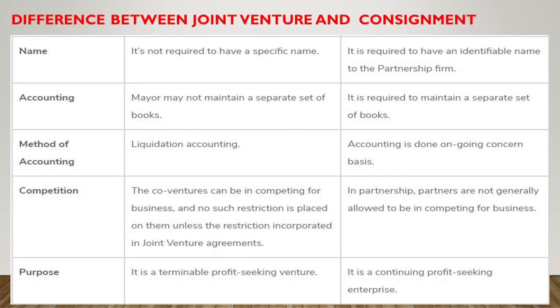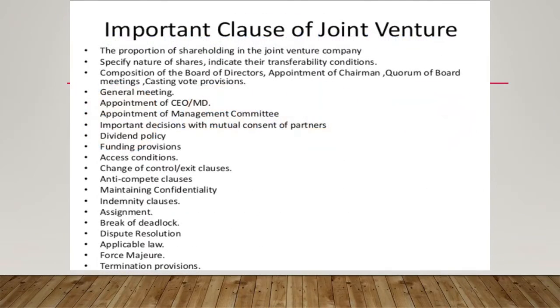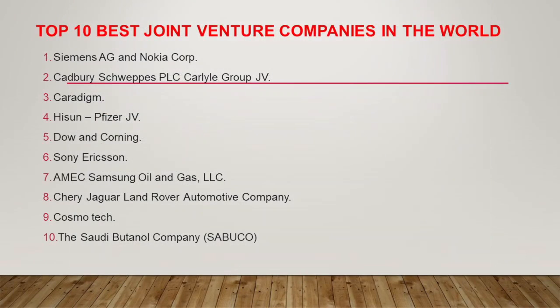Okay, students, look at some of the joint ventures. The best joint ventures in the world: Siemens AG and Nokia Corporation, Cadbury, Audi, Caradigm, Nissan and Pfizer. Pfizer is a company which manufactures vaccines also.